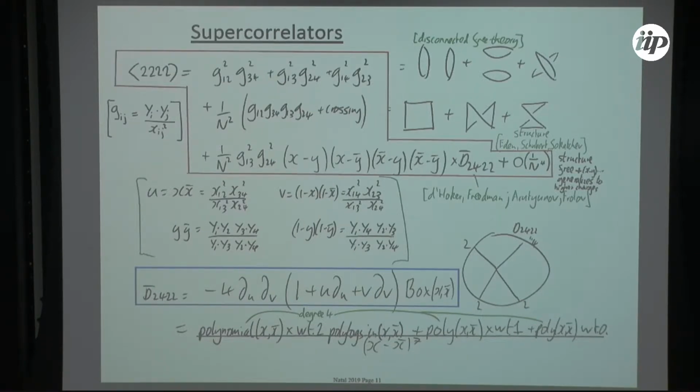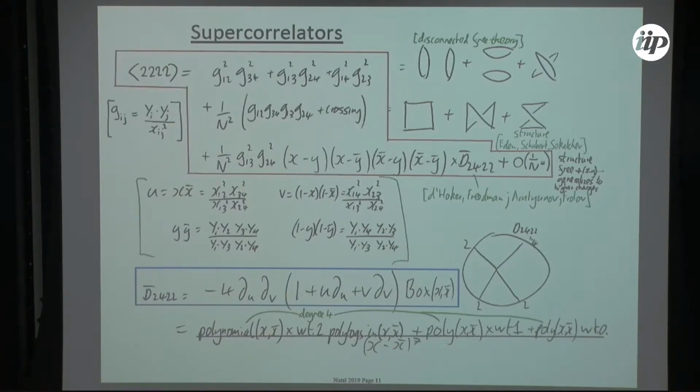Okay, this d bar 2422 we already saw. It's essentially a derivative of a box function. And as we also already saw, it has the form of weight 2 polylogs, in particular this block-Wigner dilogarithm, essentially the box function, times a polynomial, plus weight 1 polylogs, i.e. log u and log v, times polynomials, plus polynomials, divided by x minus x bar to some power.